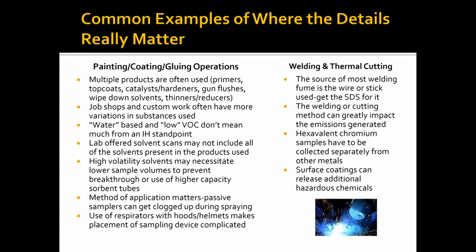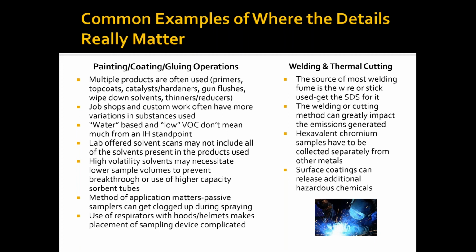And if you're sampling solvents, for example, to figure out which ones to look at, you need to know all of that stuff up front because not all solvents can be collected together. Sometimes if you just ask for a solvent scan because you don't want to figure this all out, you may be missing some of the solvents because not all of these scans cover all of the solvents that might be in a mixture.